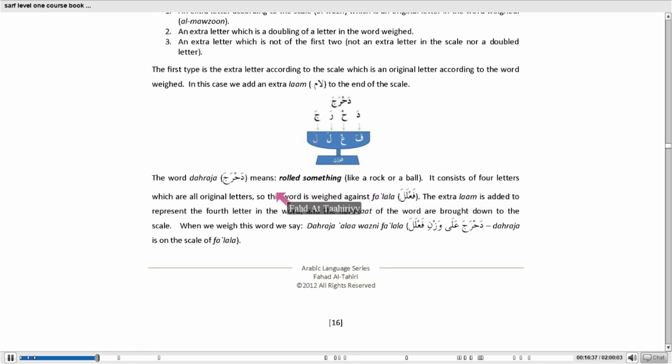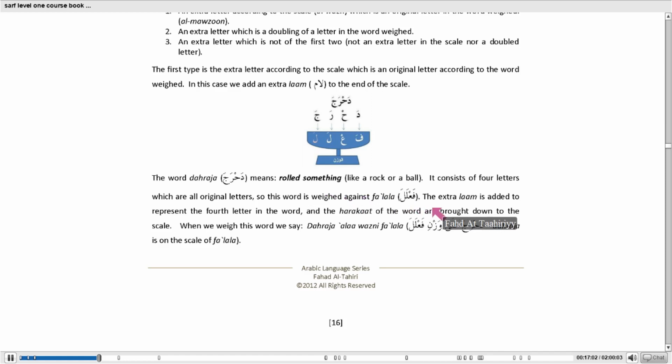It consists of 4 letters which are all original. So this word is weighed against fa'alala. The dal gets a fatha, so does the fa. The ha gets a sukoon, so does the ain. The ra gets a fatha, so does the lam. The jim gets a fatha, so does the second lam.